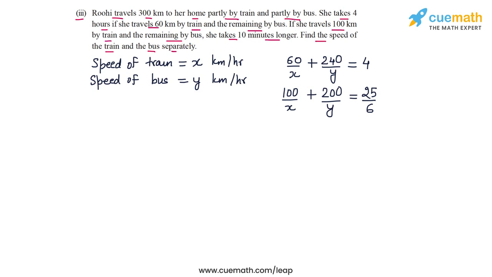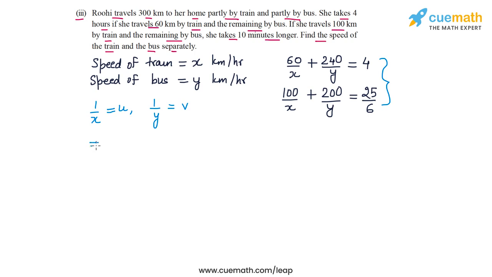So now that we have found two equations in x and y, all we need to do is to solve this pair and find the values of x and y. But these equations are not linear in x and y. So first we have to make substitutions to turn them into linear equations. The substitutions we can do are 1 by x equal to u and 1 by y equal to v.